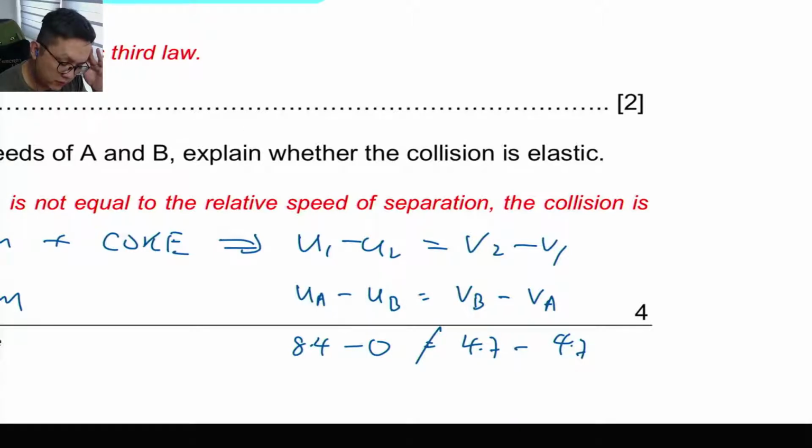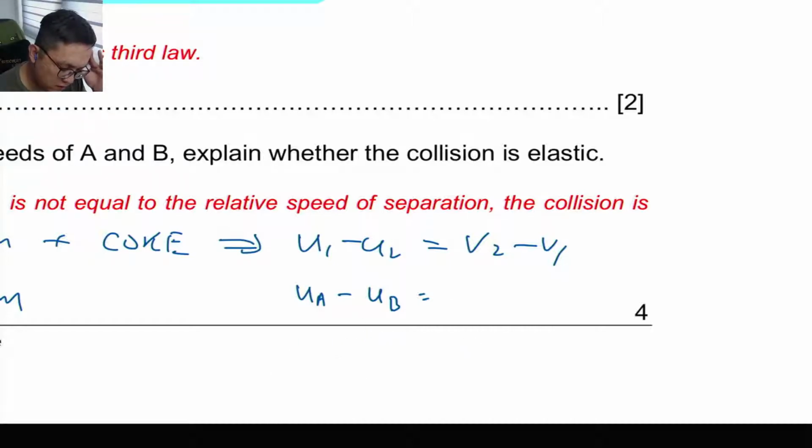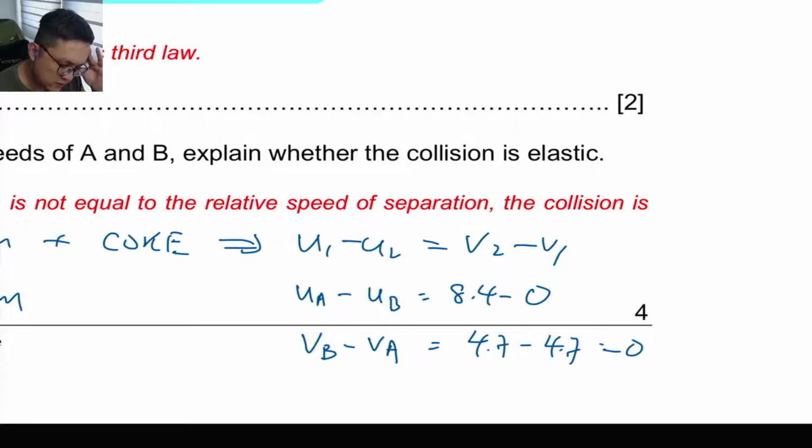If I want to prove this properly, I keep on telling you that I shouldn't prove it this way, but let's try it. Let's just write it properly. 8.4 minus 0, and VB minus VA is 4.7 minus 4.7. So this is 0 and this is 8.4. Since these two are not the same, therefore this is an inelastic collision.